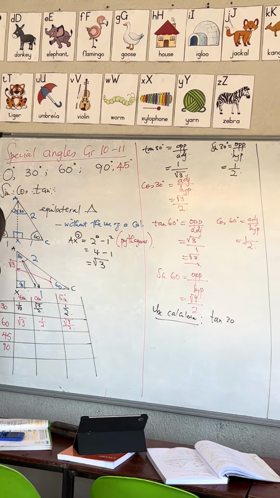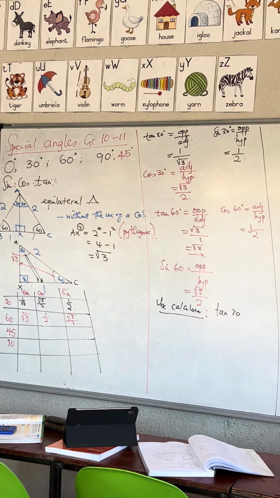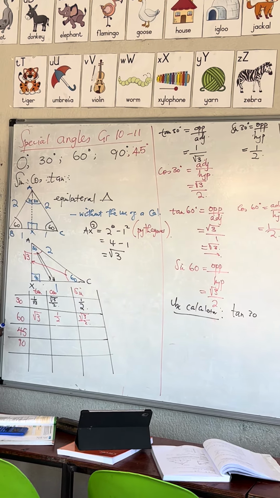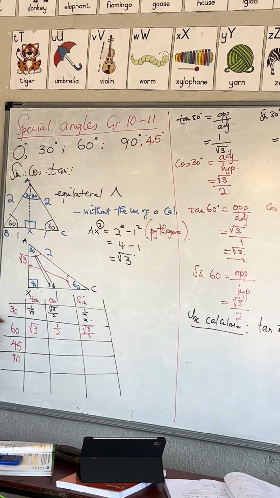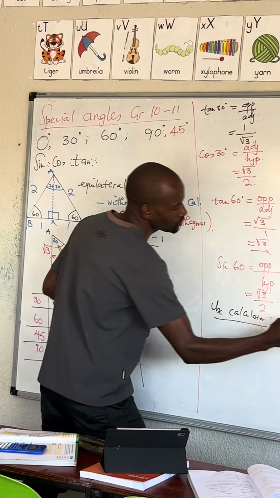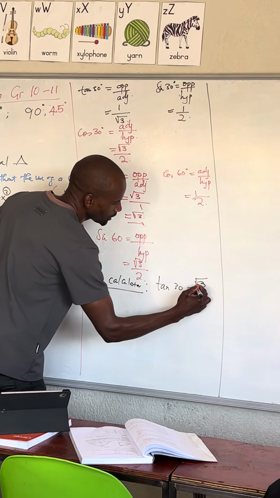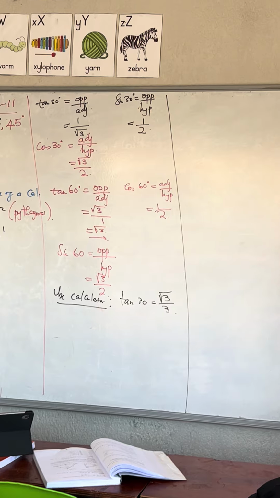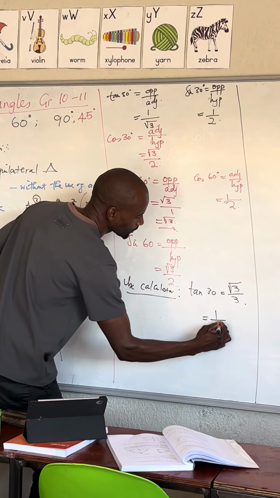You must make sure that the calculator is not under radians, it must be under degrees. If it is properly adjusted, it will give you √3 over 3. But when you use special angles, you are going to get 1 over √3.